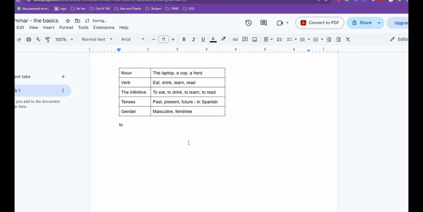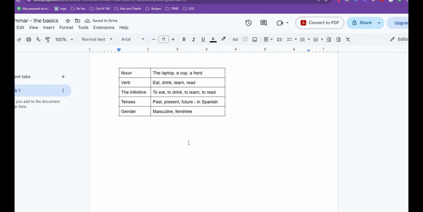And then something important is to recognize an infinitive. An infinitive in English is to eat, to go, to read, etc. Right? It's got the to in front of it.